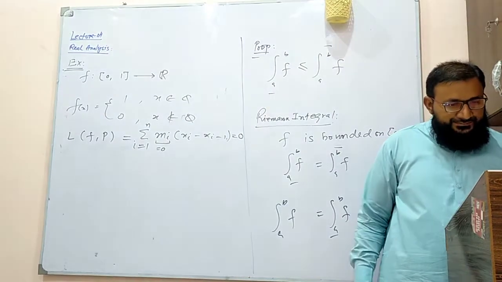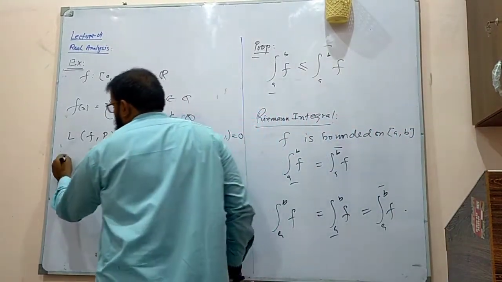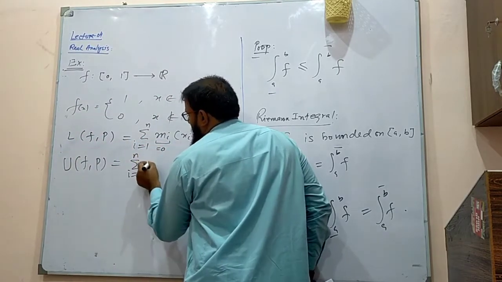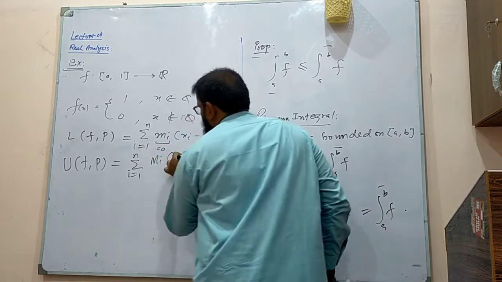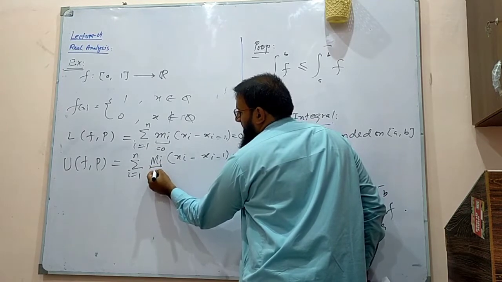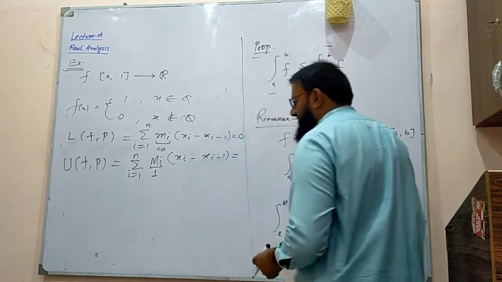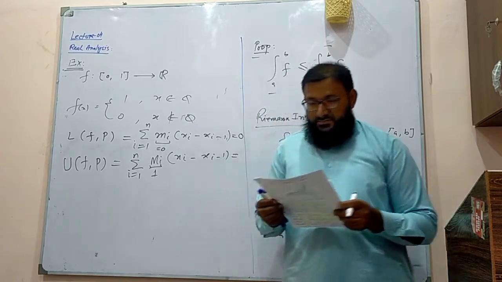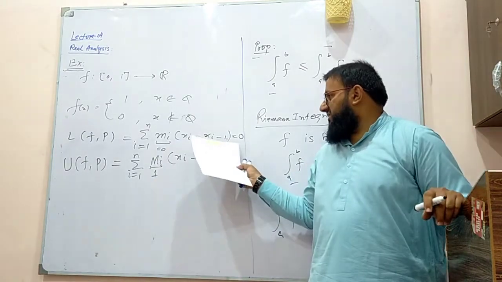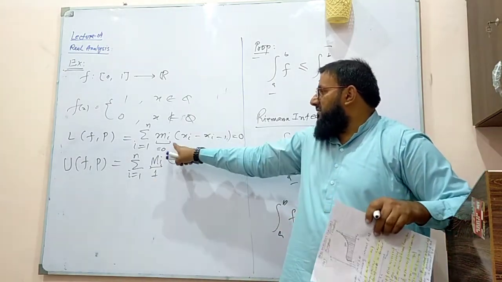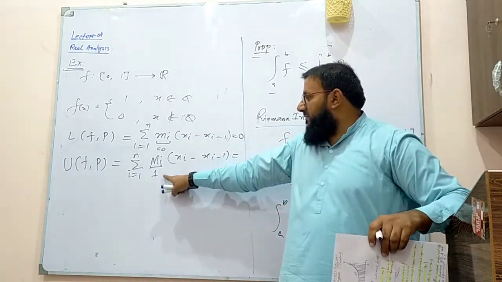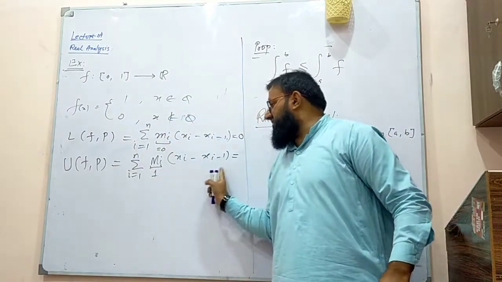And then you find the upper sum, defined as the sum of capital M_i times (x_i minus x_{i-1}). The lower sum is going to be 0, because if you choose any interval, m_i is going to be 0, so this whole thing will be 0. And capital M_i is going to be 1. You can see here. So what is this sum?